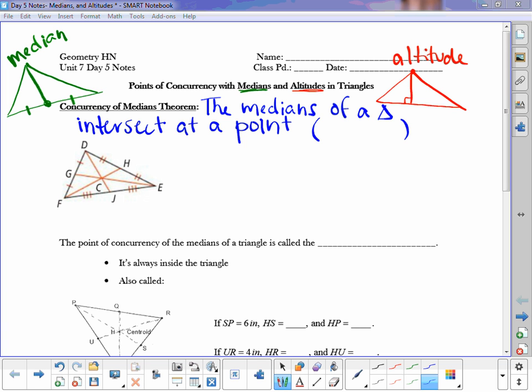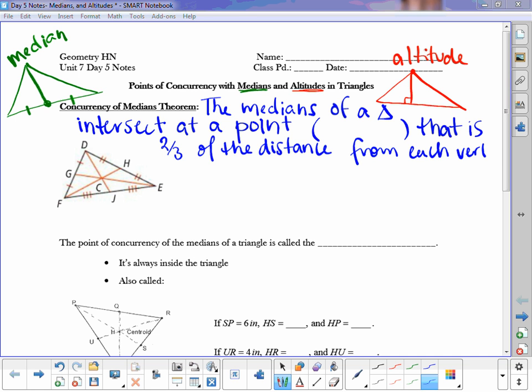And once again, I'm going to leave a set of parentheses so we can fill that vocab word in. The medians of a triangle intersect at a point that is 2/3 of the distance from each vertex to the midpoint of the opposite side.